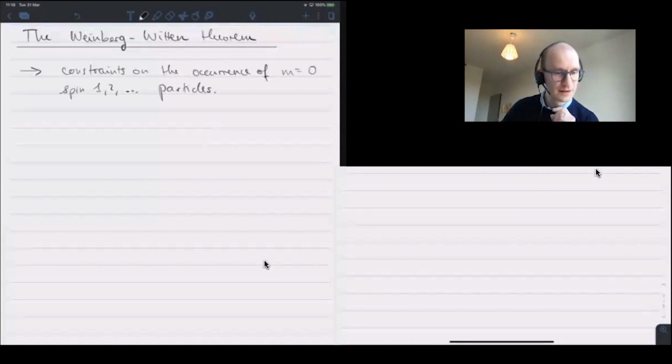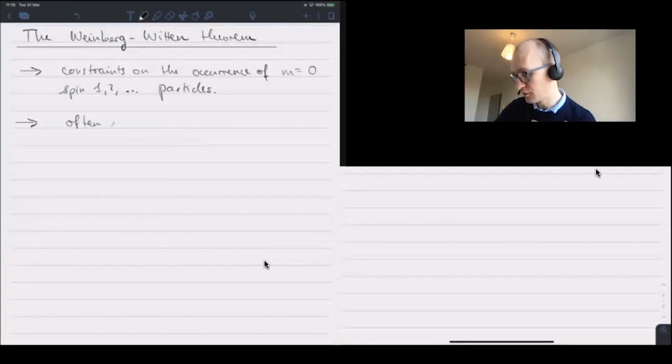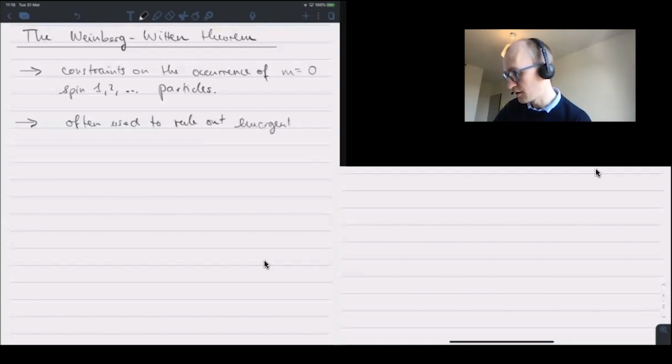The main physical point that will also be important for us in the latter part of this course is that this is often used to rule out the notion of emergent gravity, or certain notions of emergent gravitons.